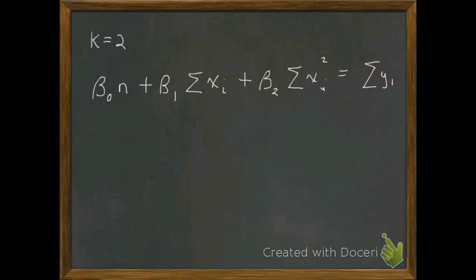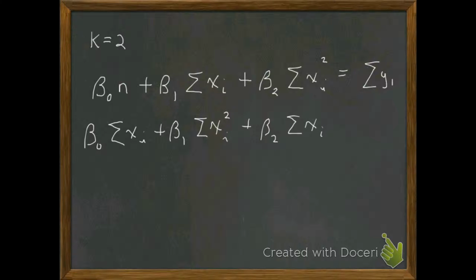The second we have will be beta 0 times the sum of our x sub i's plus beta 1 times the sum of our x sub i squareds plus beta 2 times the sum of our x sub i's cubed. So it's going to be the sum of our x sub i y sub i's.